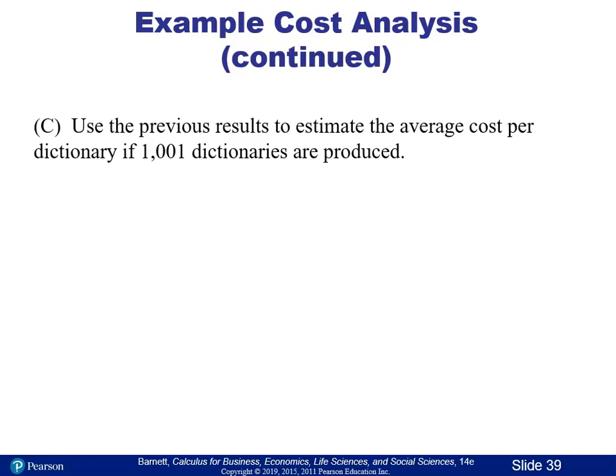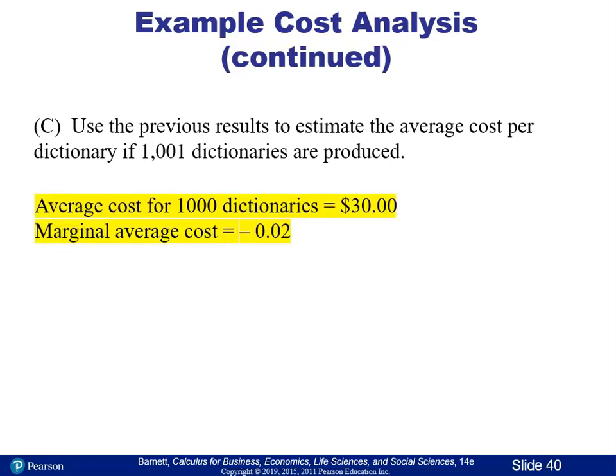Use the previous results to estimate the average cost per dictionary if 1,000 dictionaries are produced. Using the previous information, the average cost for producing 1,000 dictionaries is about $30 per dictionary.